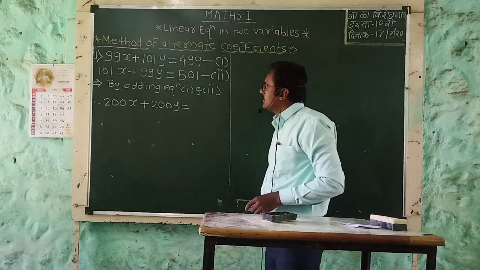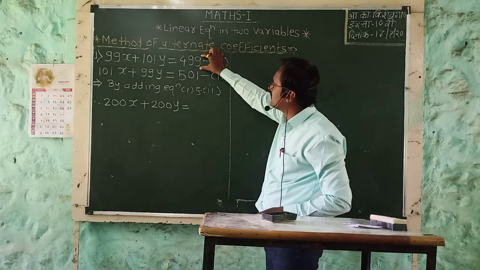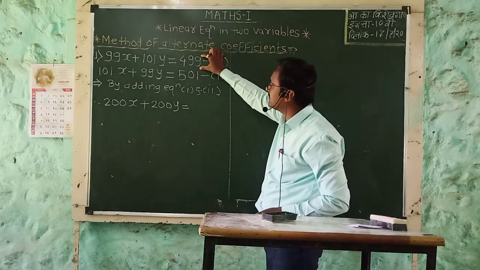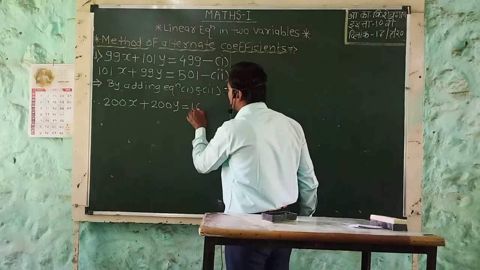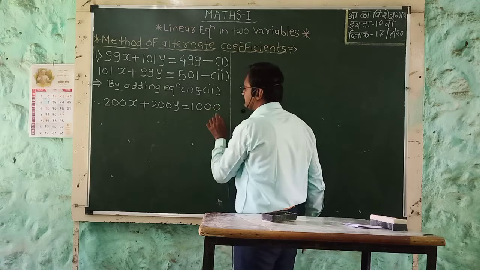And for the constant terms, 499 plus 501 gives 1000.